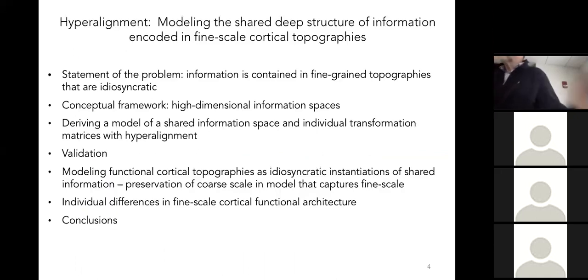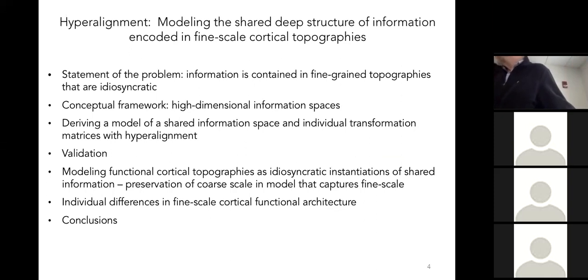So this is an outline of what I want to talk about today. First I'm going to just try to orient you to what this problem is that we're trying to address, which is understanding how we can model the information that's contained in the fine-grained topographies that are idiosyncratic. They vary from brain to brain. And then the conceptual framework of an information space. This is a high-dimensional feature space, which is how we think about the information that's embedded in these patterns of neural activity.